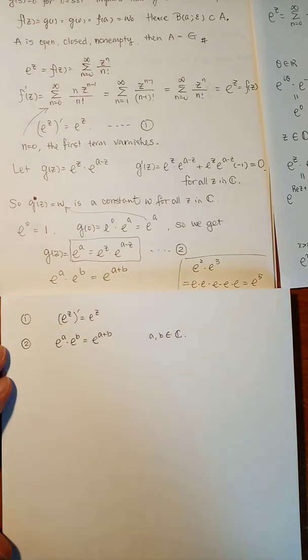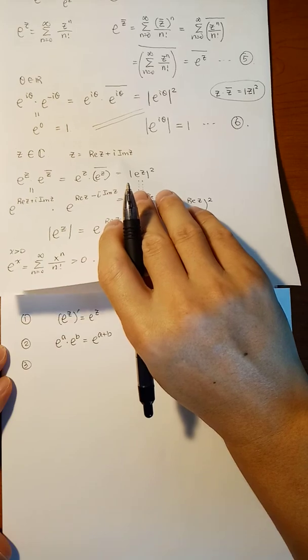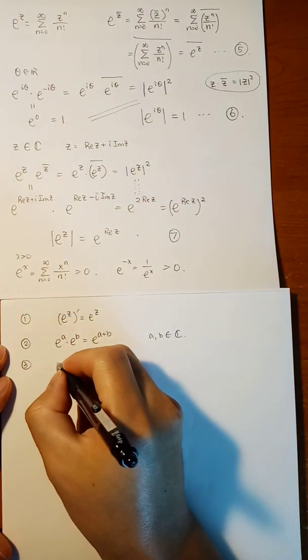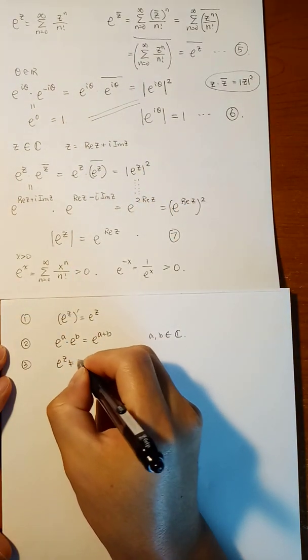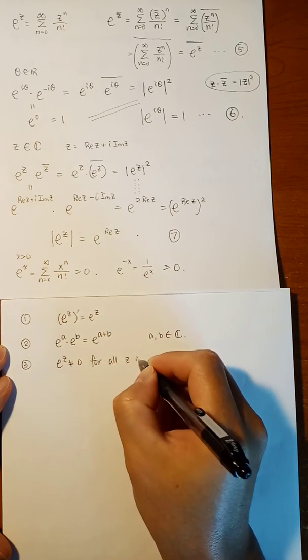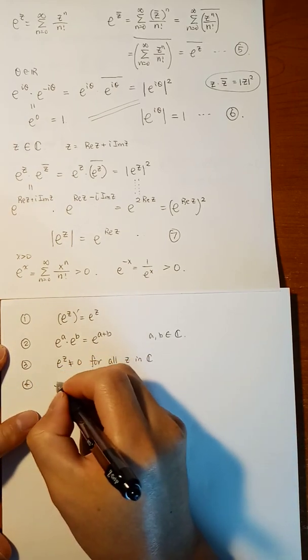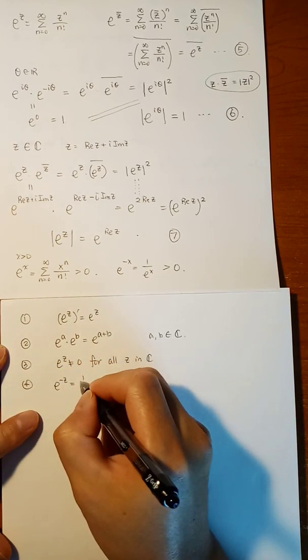Sorry. Number 3, e to z is never 0 for all z in C. Number 4, e to negative z is 1 over e to z.